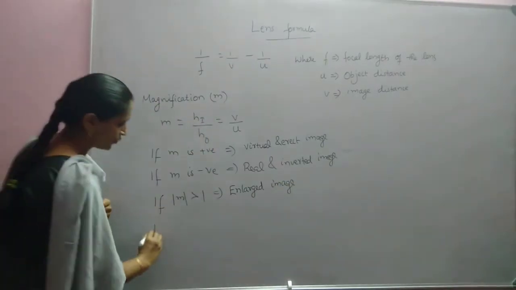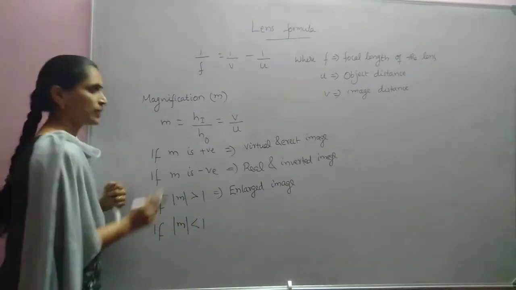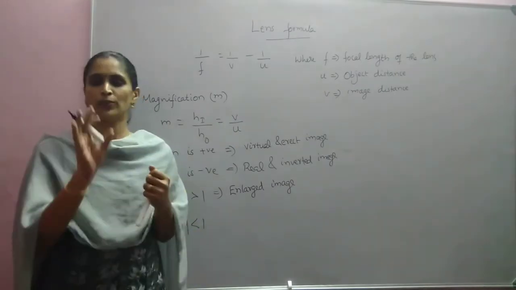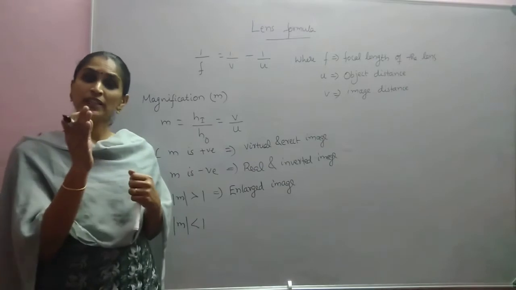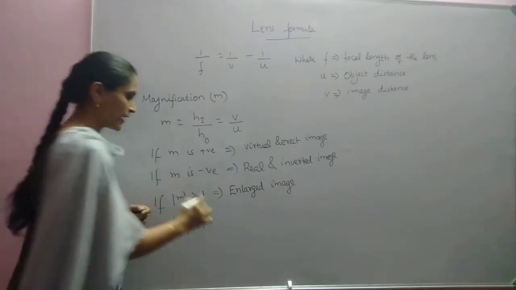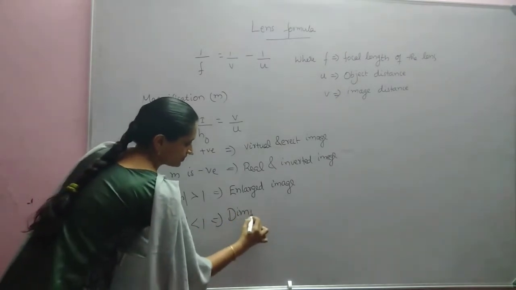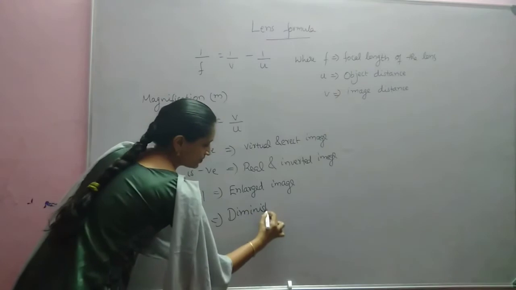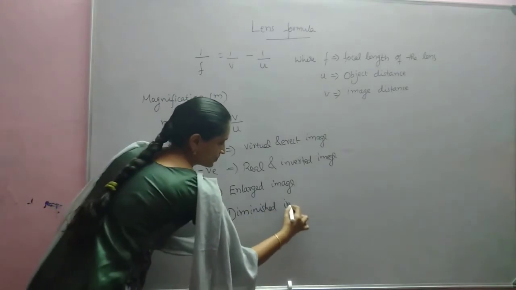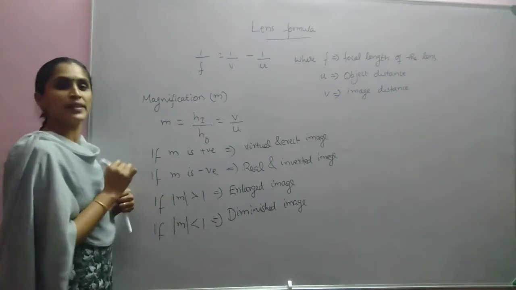And if the magnitude of m is less than 1, for example if you are getting m equal to 0.5, 0.3 like that, then we can say the image is diminished. Now you may think, what will happen if m is equal to 1?